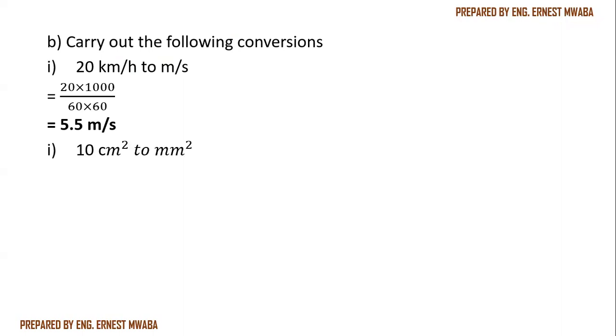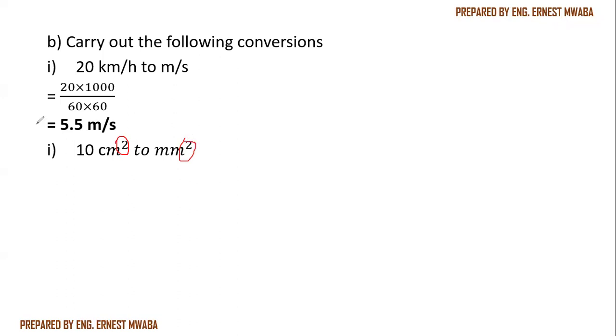Then we have the conversion now from 10 square centimeters to square millimeters. The first thing you may observe about these units is that you should pay attention to some of these small symbols written. Look at this. This is a square, another square there.